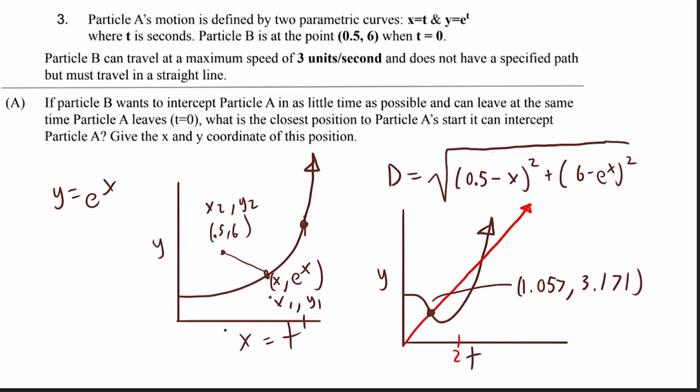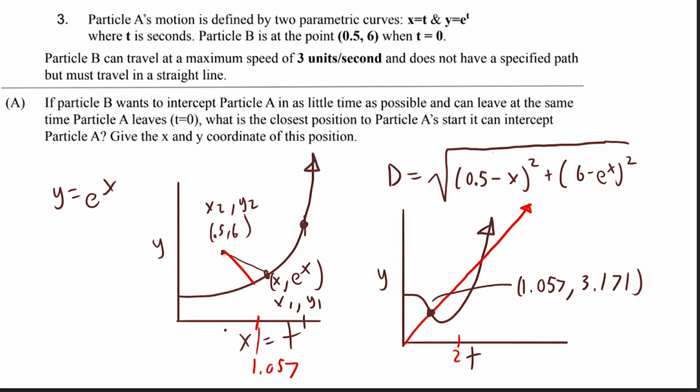And so to help visualize this solution, going back to the point and curve, if we draw time equals 1.057, this is the first time that if the particle just starts traveling out in a straight direction, it can intercept the curve.